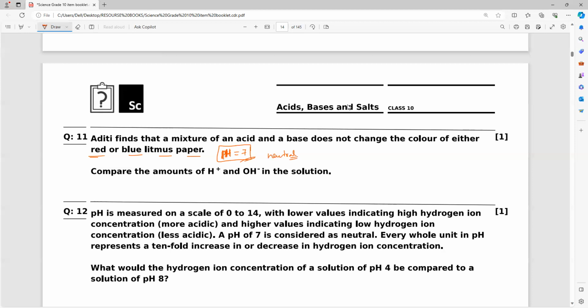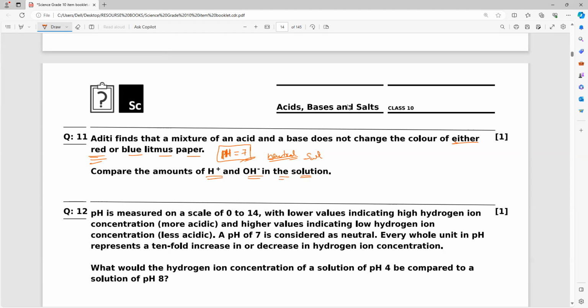Aditi finds that a mixture of an acid and a base does not change the color of either red or blue litmus paper. So it means it forms a neutral salt, where the pH is 7. Now compare the amount of H plus and OH minus ions in the solution.